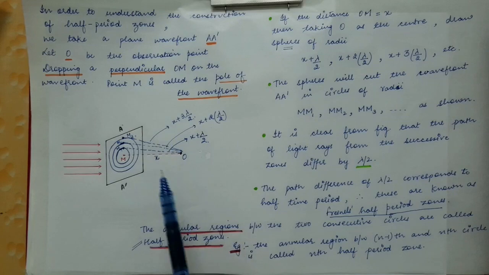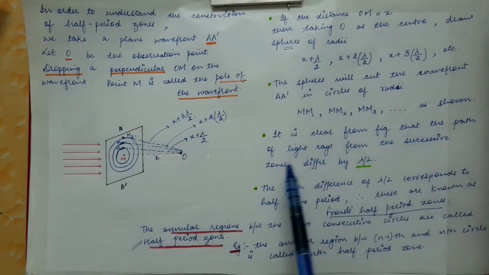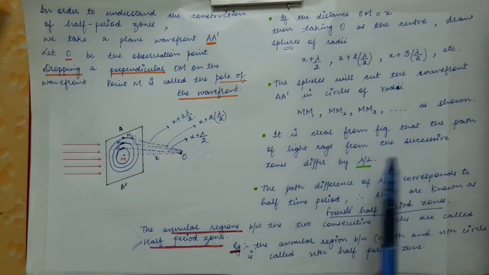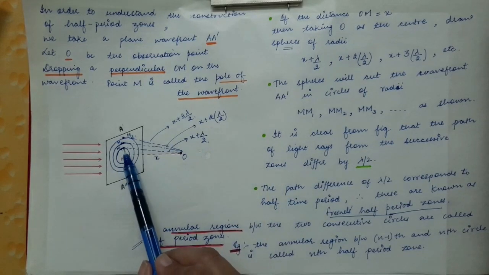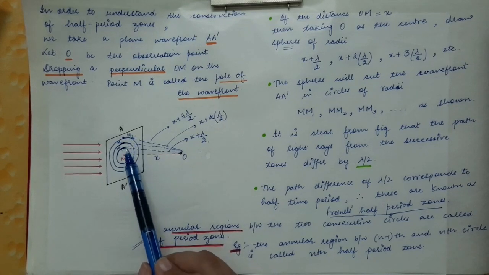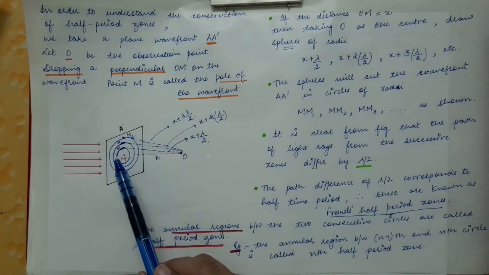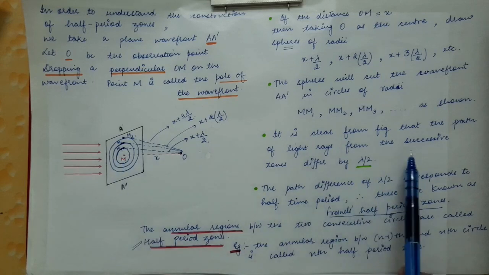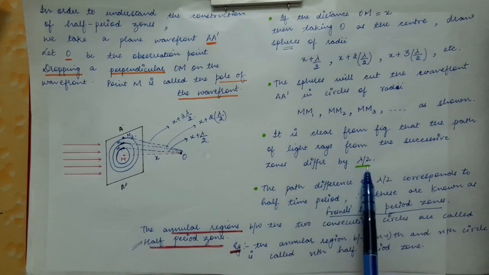So you can clearly see that the path of the light rays from the successive zones, from the first and the second circle, second and the third circle, differs by lambda by 2.